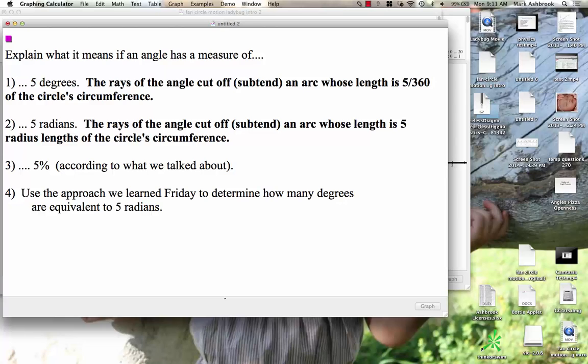Cutting off 5 radius lengths. So, raise, 1 point. Cutting off, 2 points. Arc, 3 points. 5 radius lengths, that's the fourth point. And the circle circumference is the fifth point.